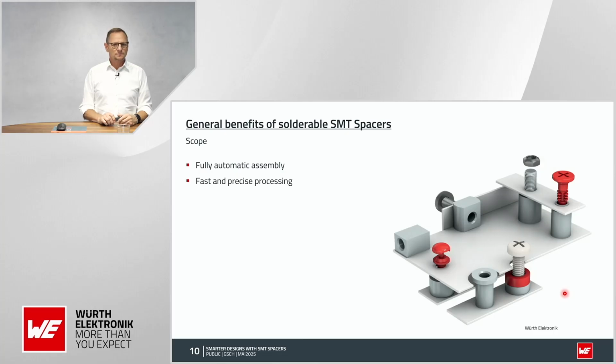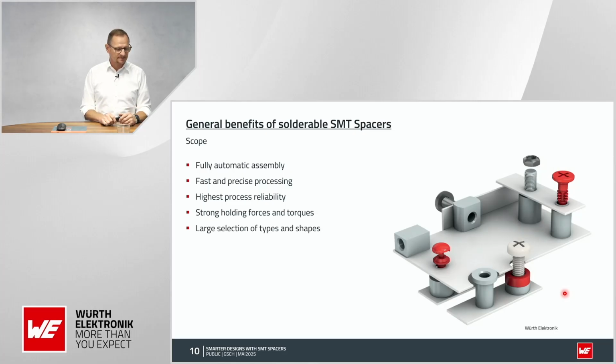About the general overview, the offering is a fully automatic assembly. These parts come out of a tape and reel, and therefore can be processed very fast and precisely and placed on the PCB by the machine. Therefore we gain a really high process reliability.